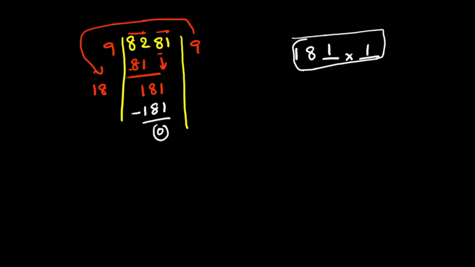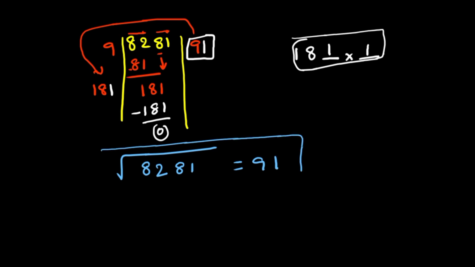So here I took 1 and here also 1. Now observe this number, that is 91. So the square root of 8281 is 91. I hope you understood this complete model today, that is how to find the square root using the prime factorization method and the division method.